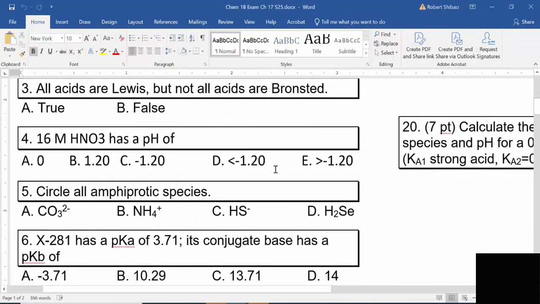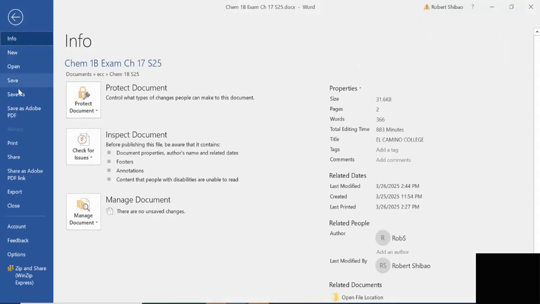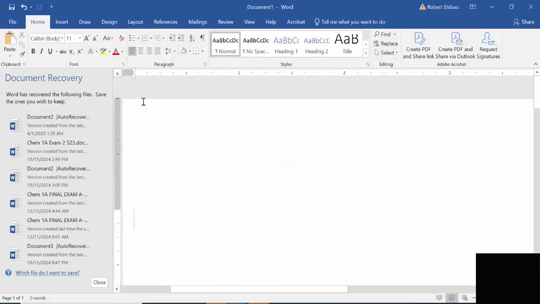Also, where can I find the lab manual? Did you post it? Yes. You can find it on Canvas.